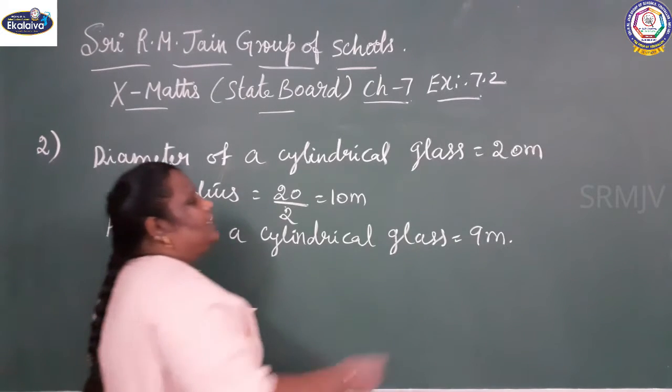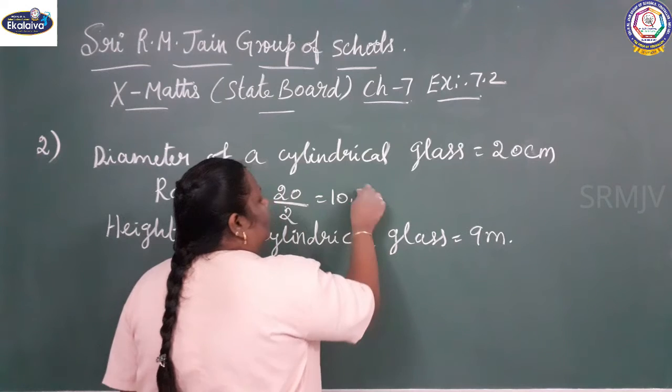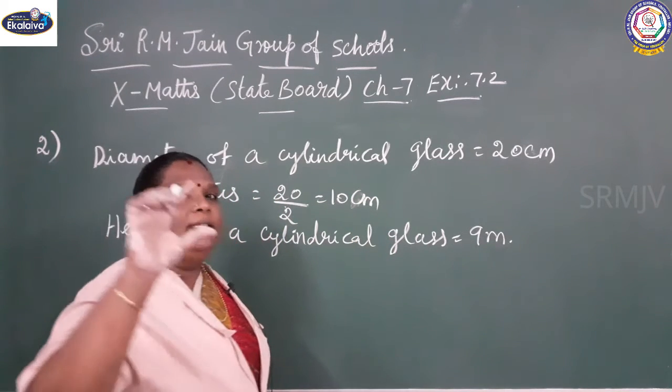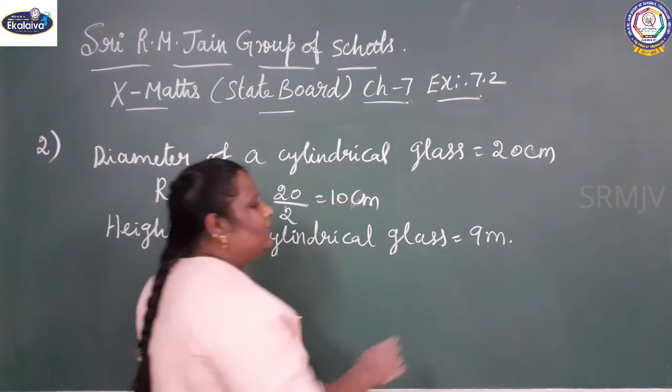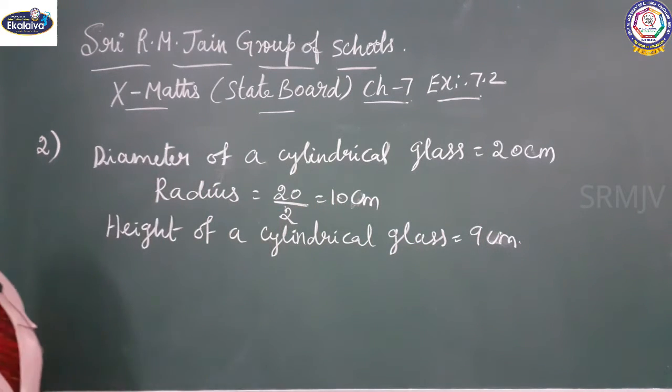See, it is in centimeter: 20 centimeter diameter, 10 centimeter radius. The water level in the cylinder is 9 centimeter. Next, the radius of the cylindrical metal.